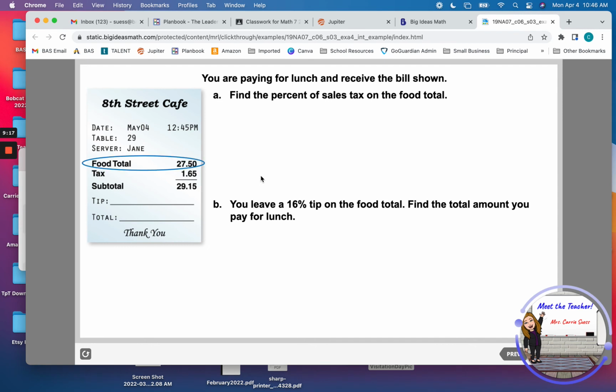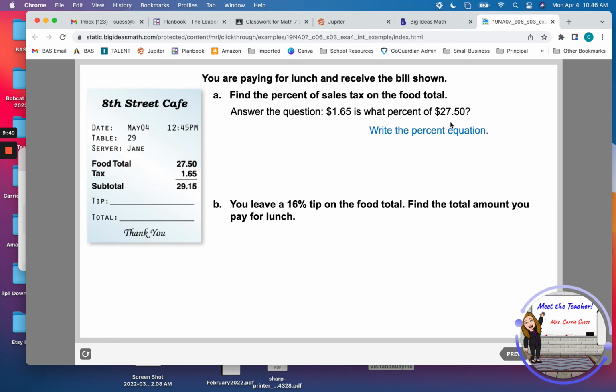Write down your equation: A equals P% times W. A is $1.65, and the W is $27.50.